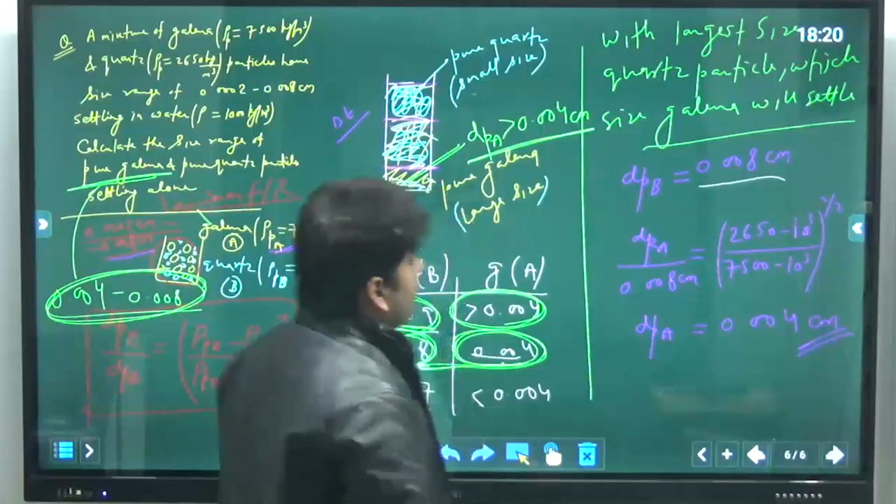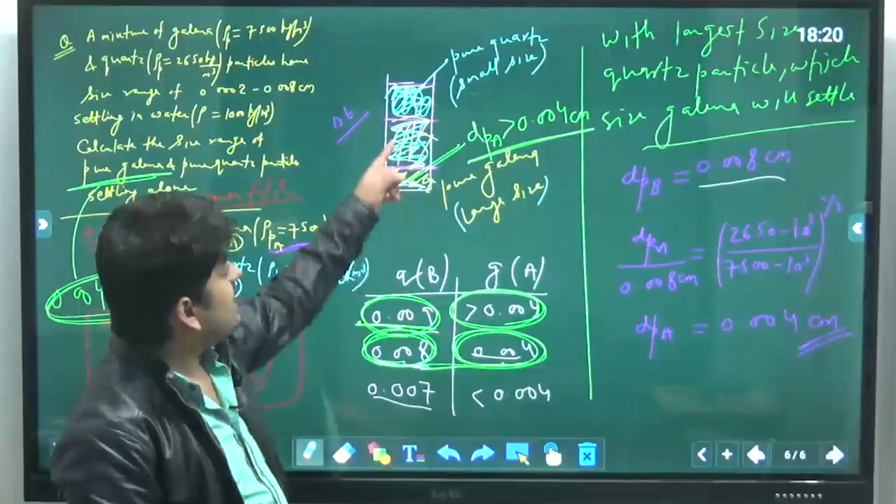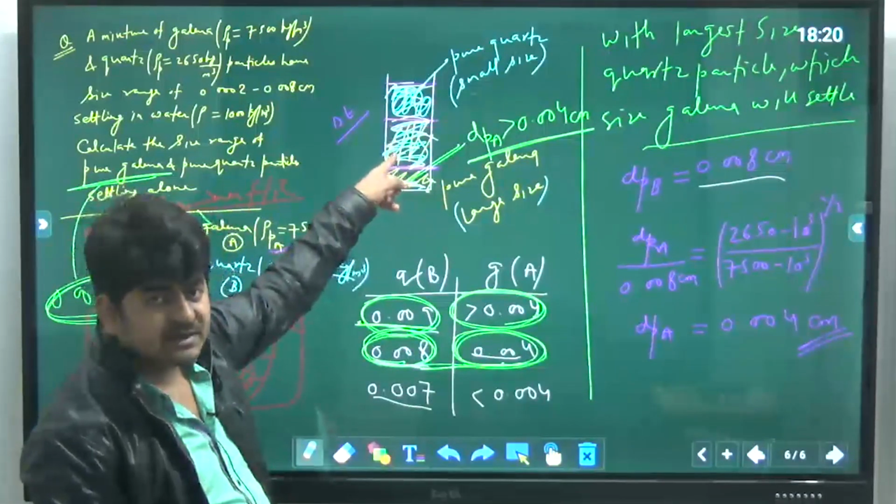Now, for the quartz. We know that large size quartz and small size galena are settling together.